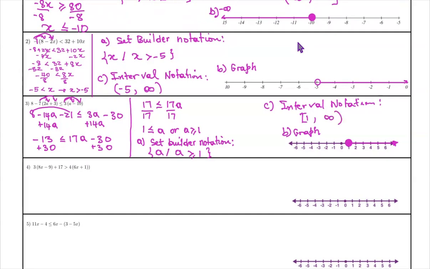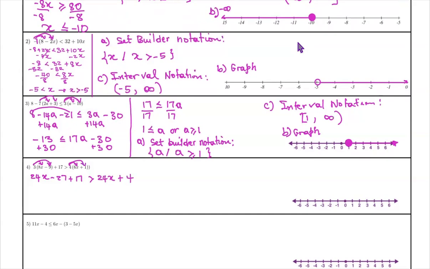Example number 4, we would need to distribute the 3 outside and the 4 on the other side here to get 24x minus 27 plus 17 greater than 24x plus 4.